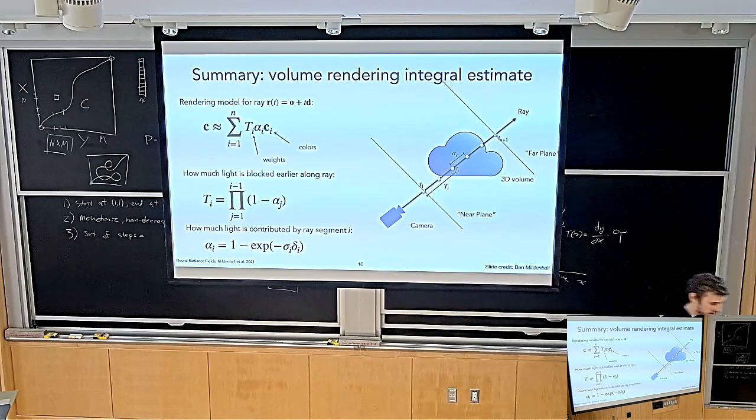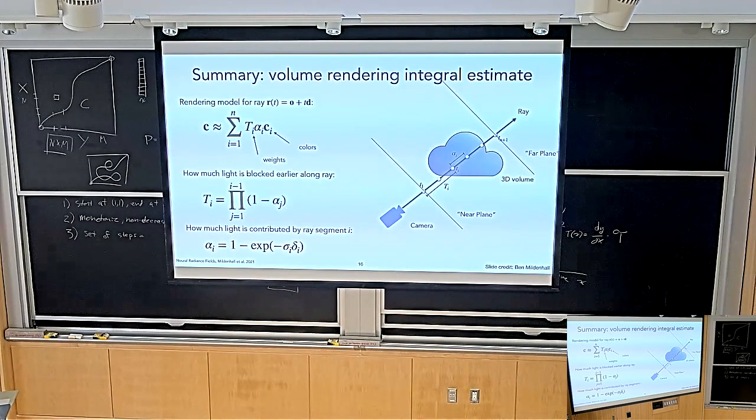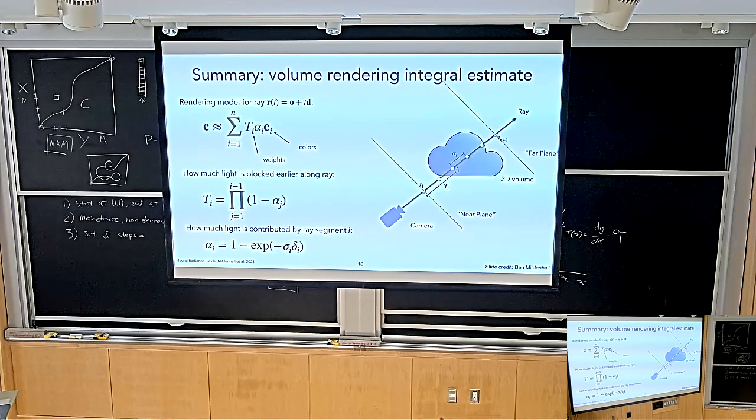And the way that is done, in the continuous model, is that the density at every point is interpreted as the probability that a light ray ends at that point in space, right? So for instance, if you have a particle floating in space, and that particle has a very high density, then if a light ray intersects with that particle, it's very likely to just end up at that particle.